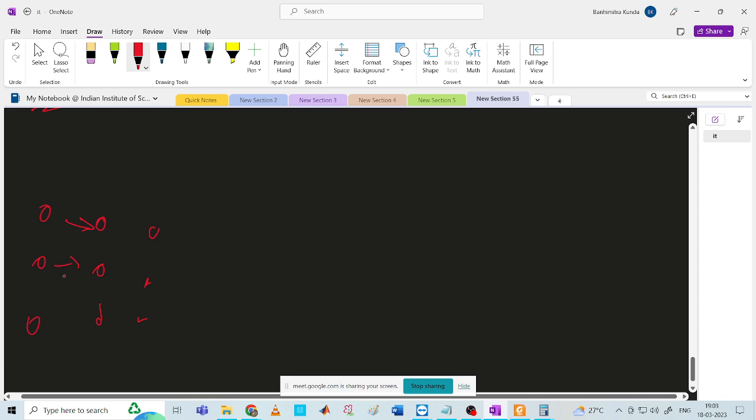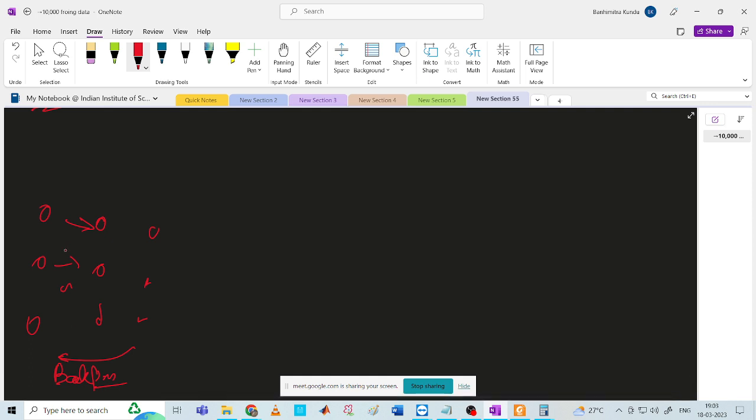There are many connections, and there is something called the back propagation algorithm, in which you try to update the weights. While doing this, you randomly select some weights which you do not update. So that is also called dropout.